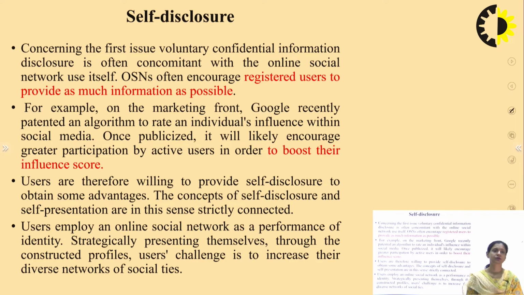If you look at Facebook or Instagram, users are posting their news feeds, their pictures, and they are also sharing their geolocation. So, the online social networks are encouraging users to do so. Some users are also willing to provide self-disclosure to obtain some advantage. The concepts of self-disclosure and self-presentation are in this sense strictly connected.